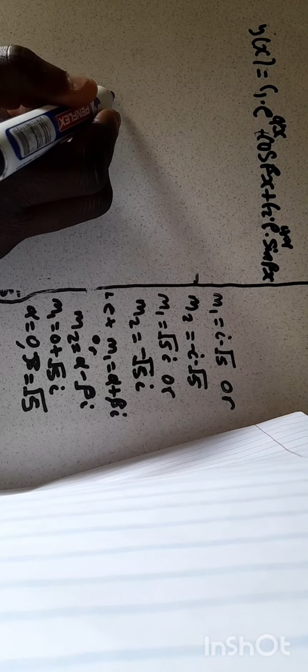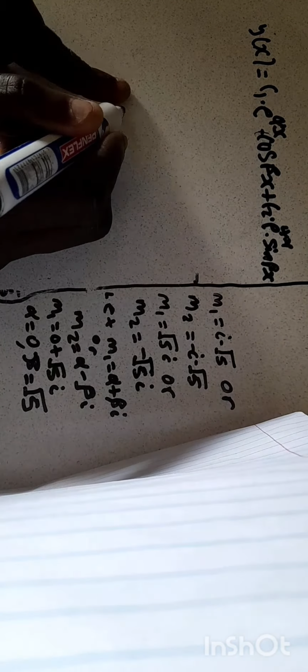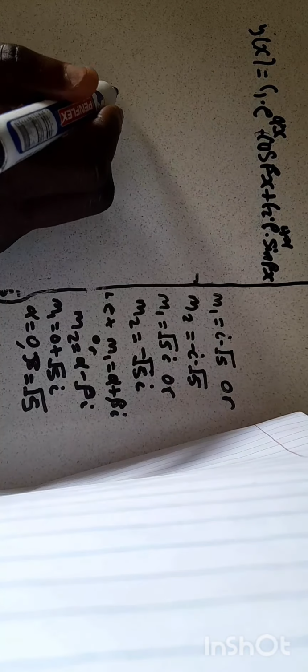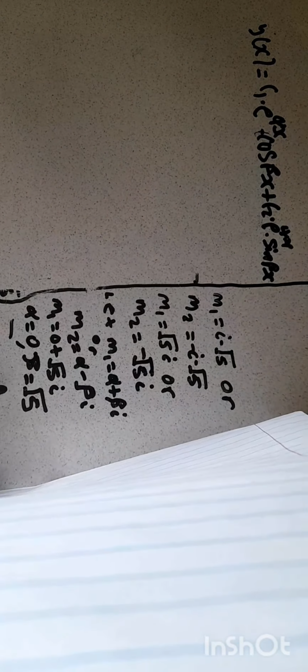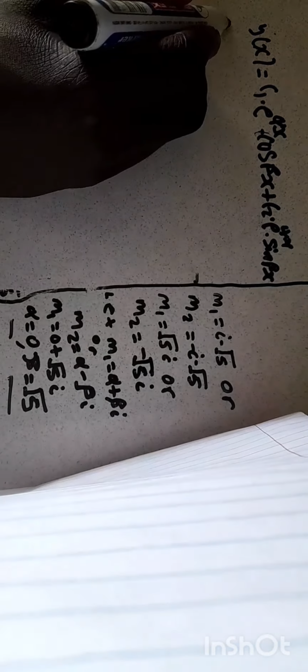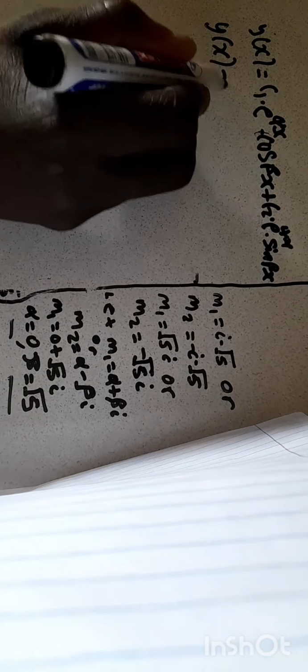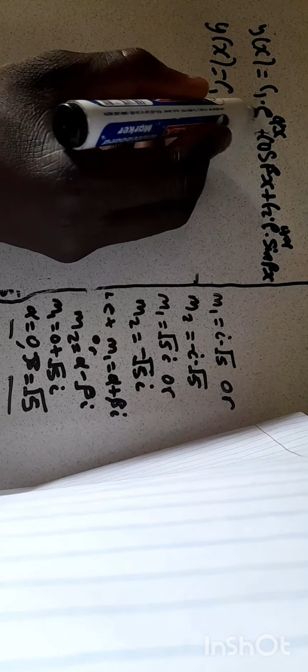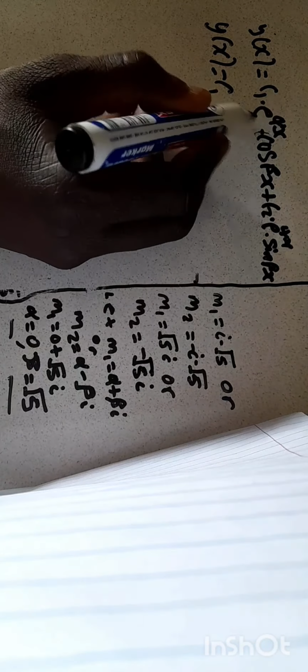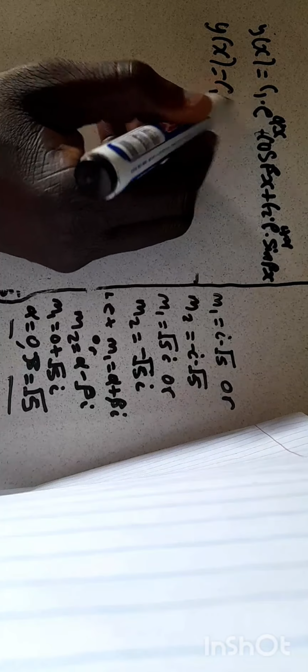Where there's alpha, I'm going to put 0, and where there's beta, I'm going to put square root of 5. So y of x equals c1 times e to the power 0 times x, and any number to the power 0 is 1.